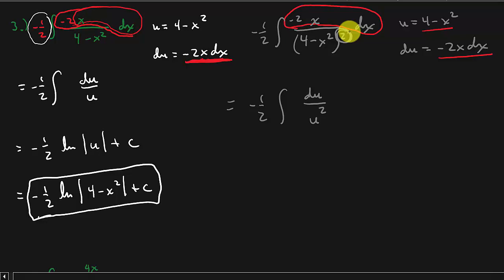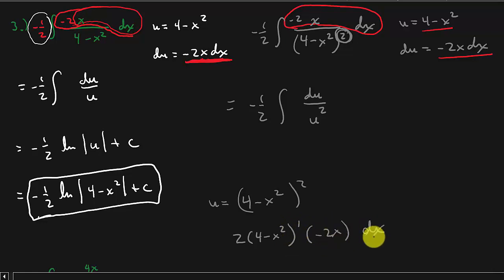See, the derivative of the denominator, in this case, the derivative of the denominator is not in the numerator. Okay? Because look, if I let u equal the denominator, right? That's the denominator. Well, what's the derivative of this? That would be 2 times 4 minus x squared to the first times the derivative of what's inside the parentheses, right?